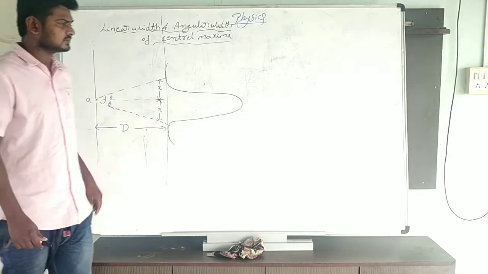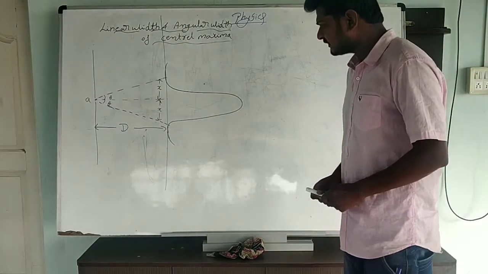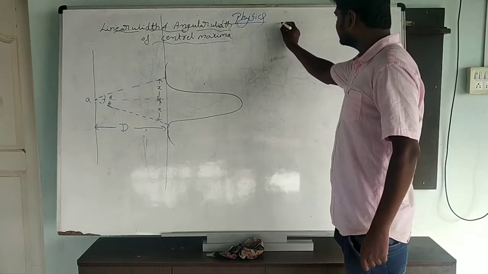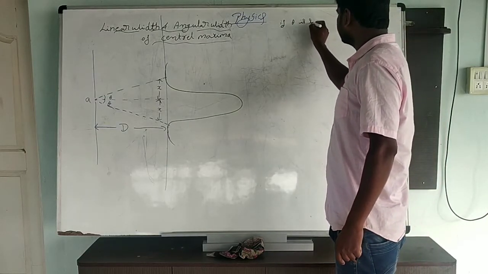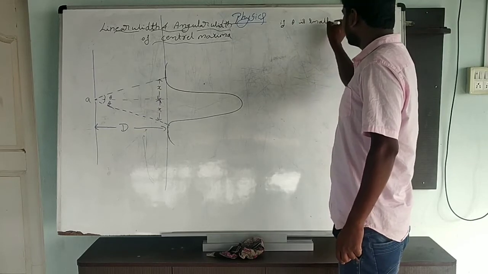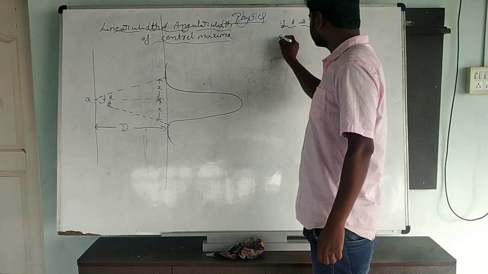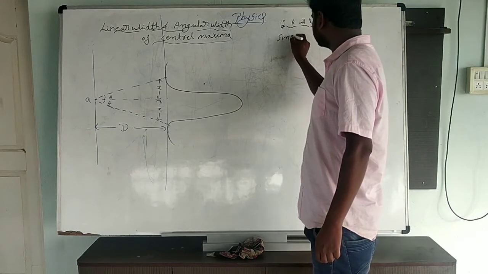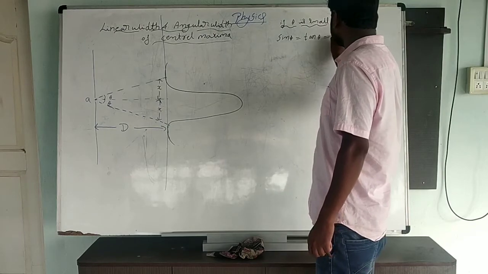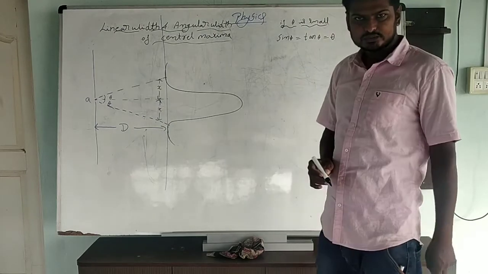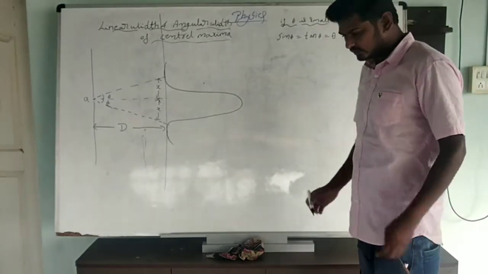Now I have to derive the expression for linear width. I take the condition that theta is small. If theta is small, sin theta equals tan theta equals theta.